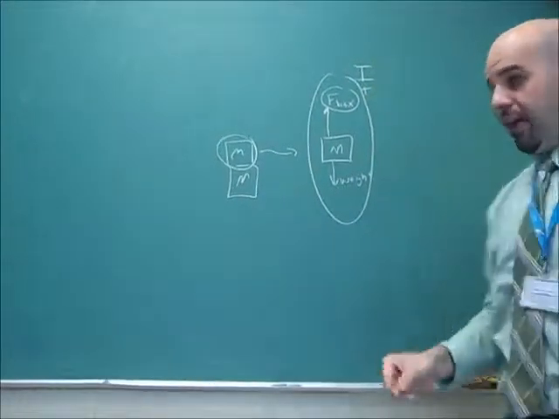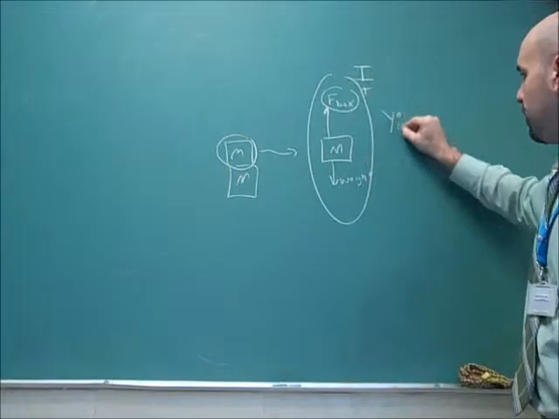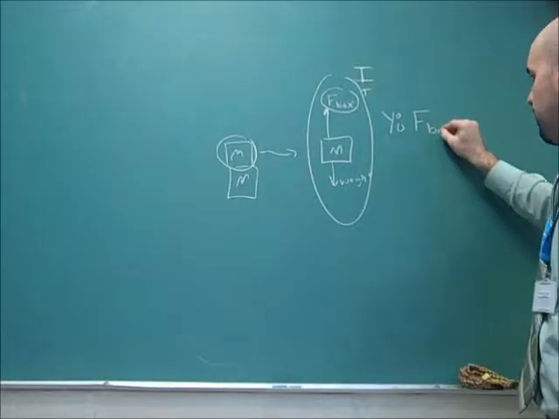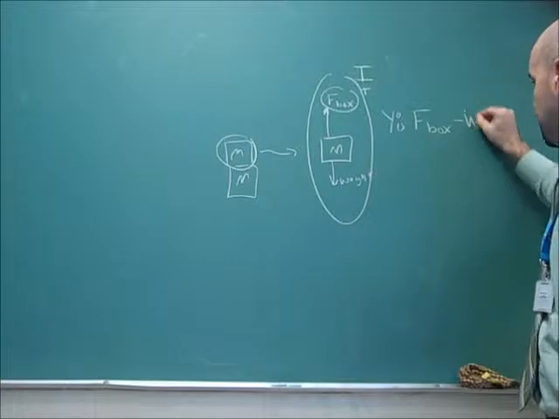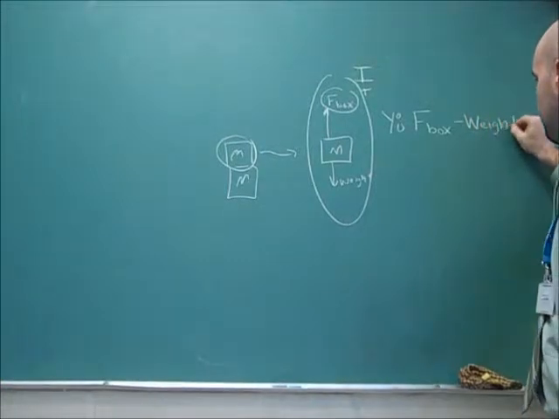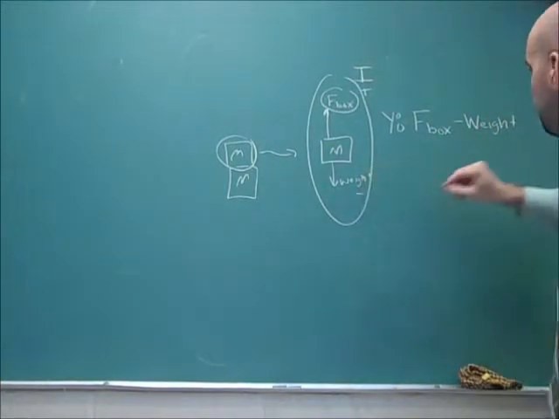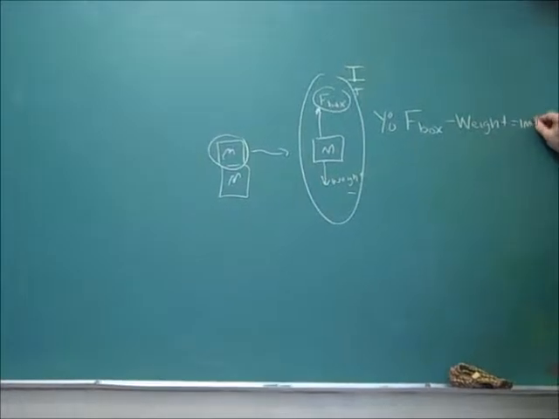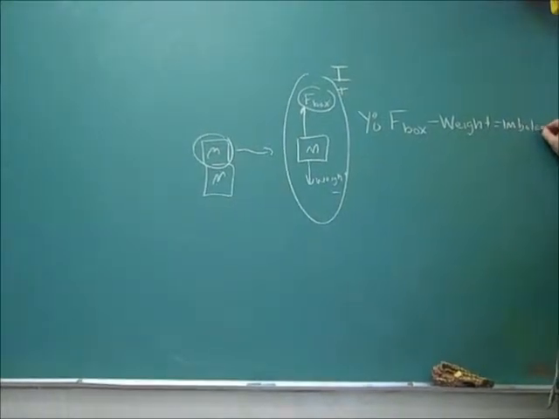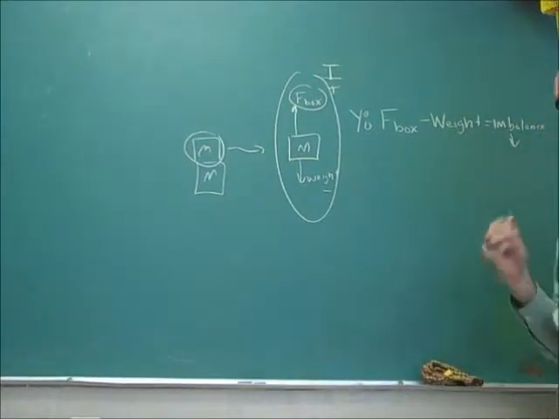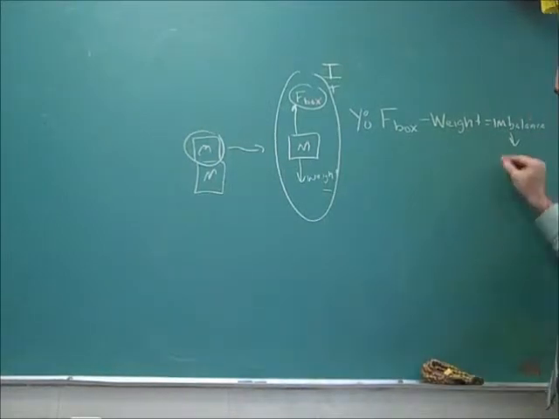Okay, let's write down our things. In the y direction, the force of the box minus weight, positive, negative, is an imbalance. Newton said that imbalance is represented by a mass times acceleration.